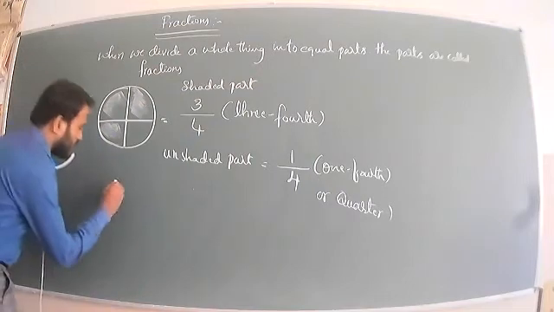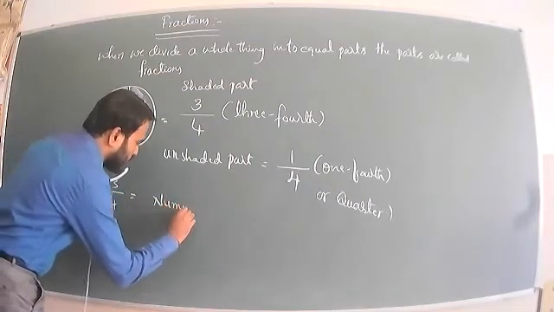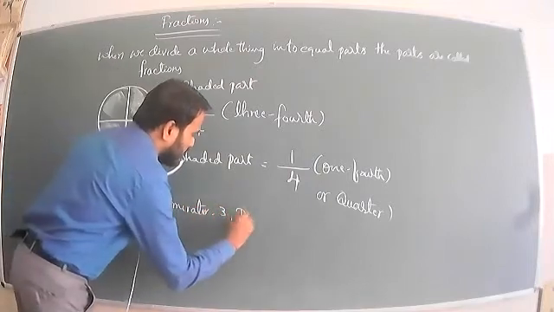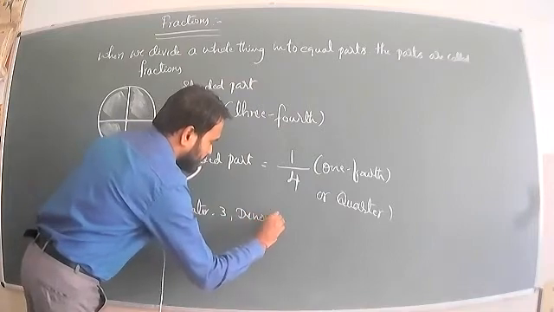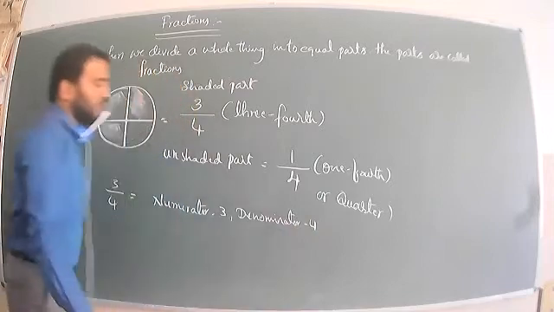In 3 by 4, the numerator is 3 and the denominator is 4. This is a fraction.